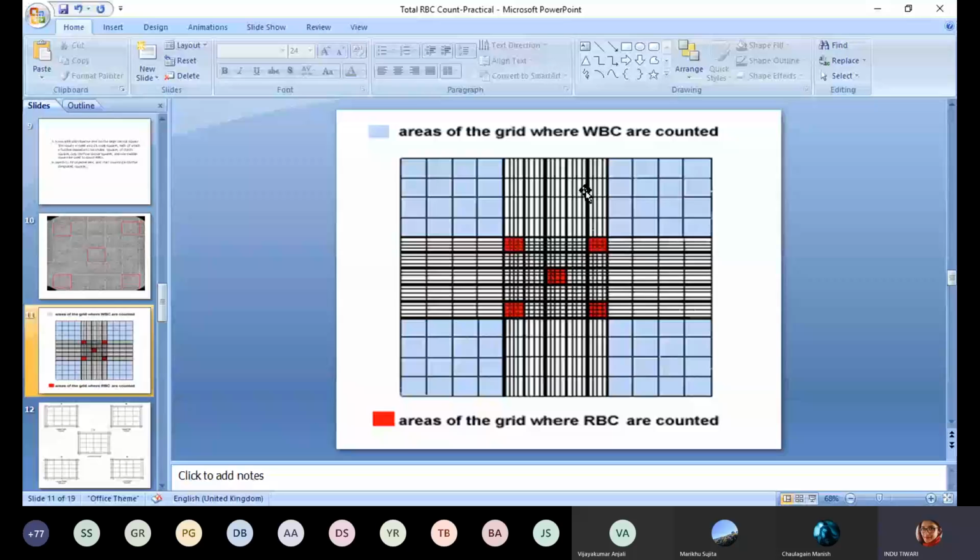Out of those 25, only 5 squares are utilized for counting the red blood cells: the upper left, lower left, upper right, lower right, and the central square. This is where the RBC is counted within the Neubauer's chamber.